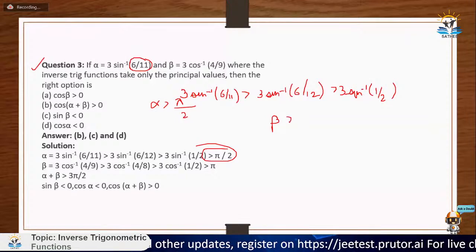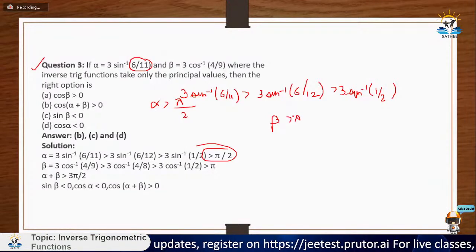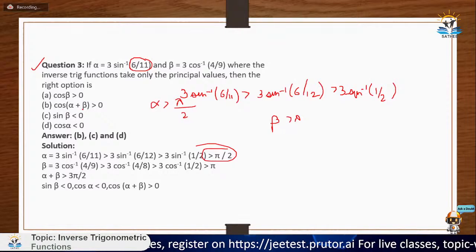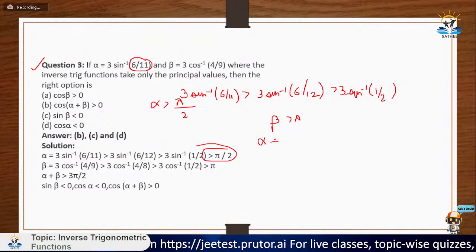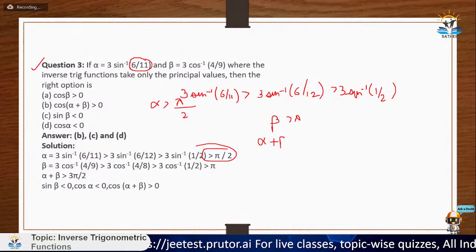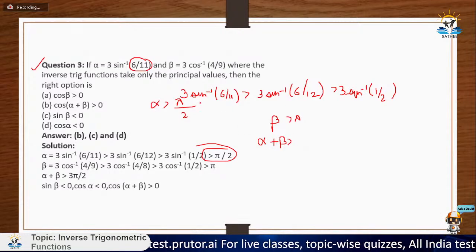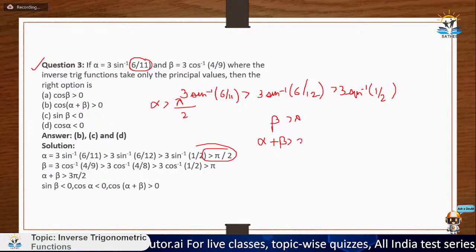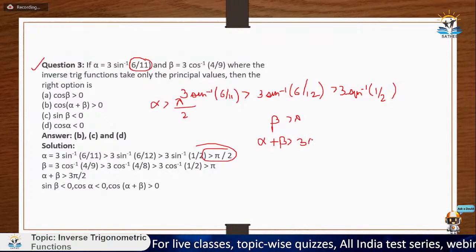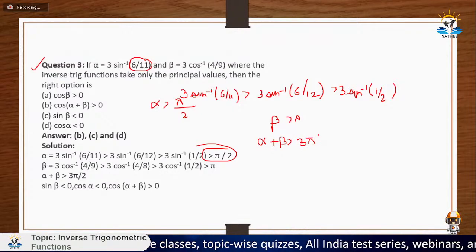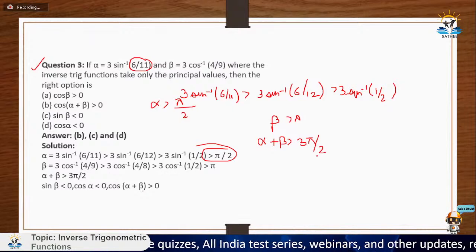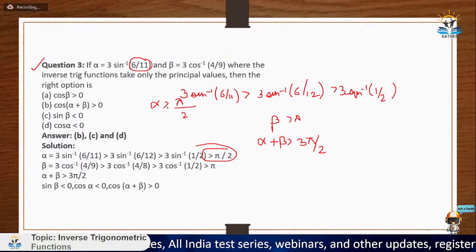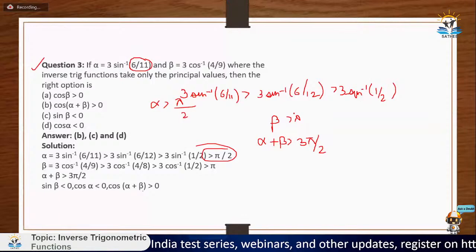And since you have been told that you have to know about alpha plus beta also, alpha plus beta would be greater than pi plus pi by 2, which is 3 pi by 2. Okay, basically what I have written here is what I am trying to explain to you. So alpha is greater than pi by 2 and beta is greater than pi.